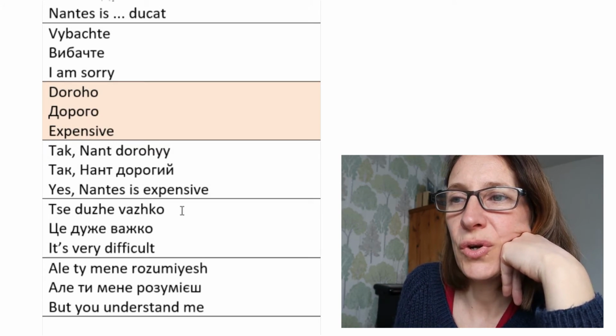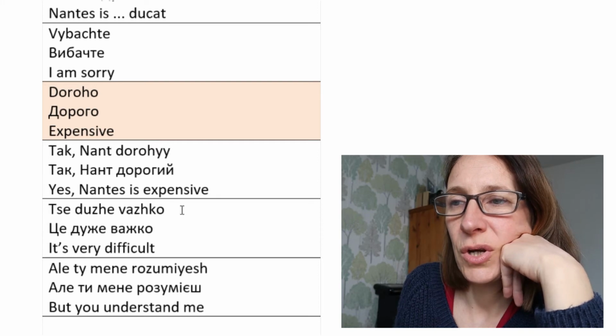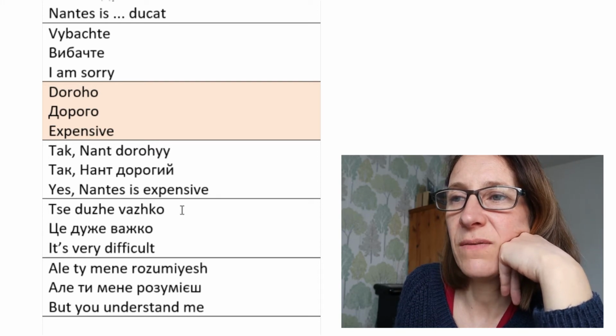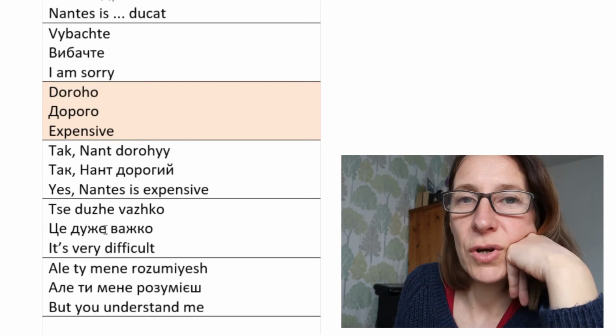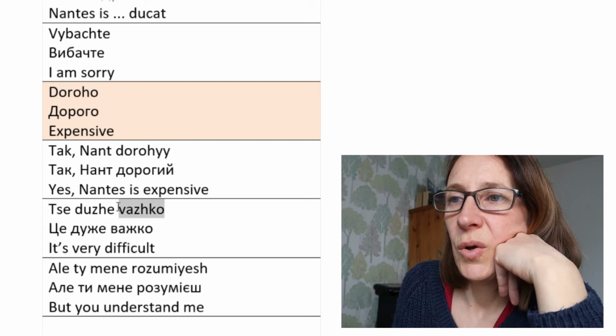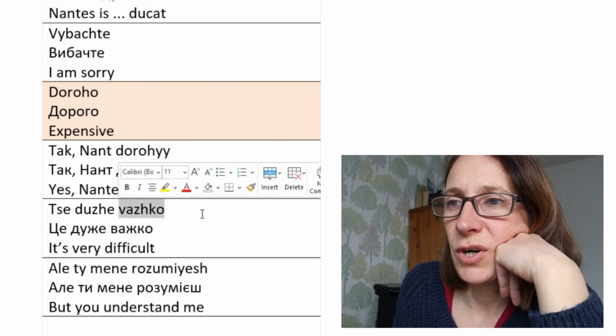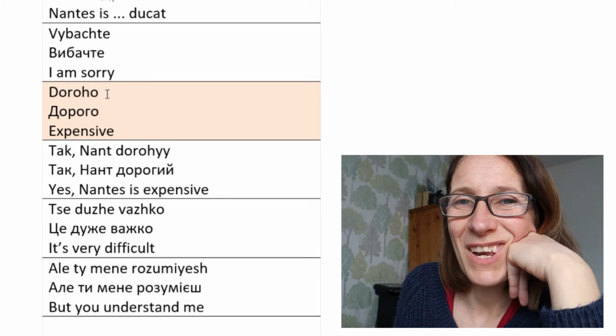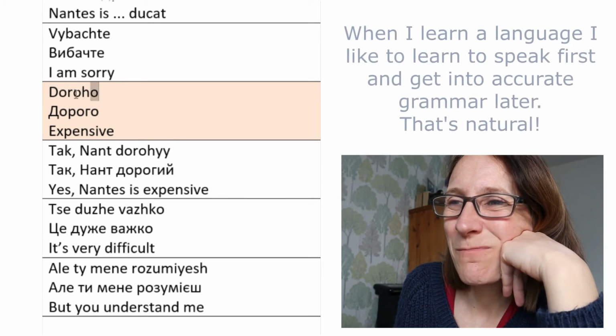Ce dużo vážko. Okay, so I've said it's very difficult. Vážko. That's going to be a good word. Ce dużo vážko. It's going to be a good word because Ukrainian's very difficult. Look at that.